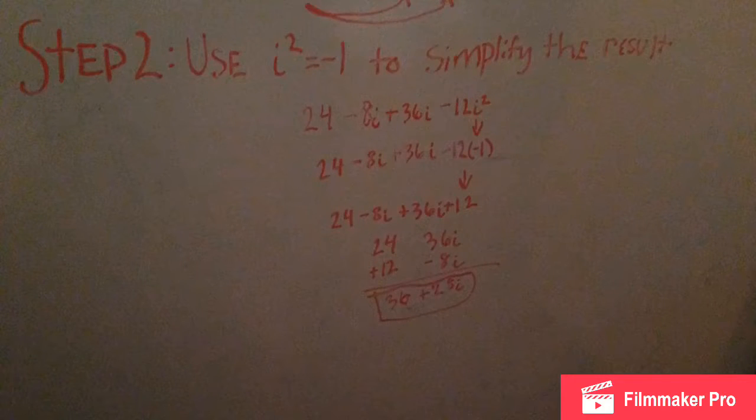By doing FOIL, it will give us 24 minus 8i plus 36i minus 12i squared. For i squared, you will plug in negative 1, and that will be negative 12 times negative 1. After putting negative 12 times negative 1, you just combine the like terms.